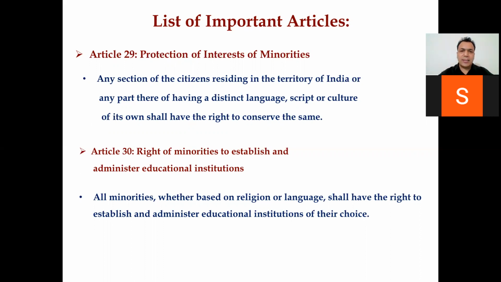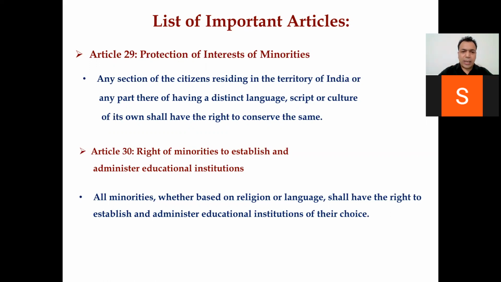Any section of citizens residing in any territory of India, or any part thereof, having a distinct language, script, or culture of its own, shall have the right to conserve the same. So this article protects minority interests, and the government cannot infringe or curb that.